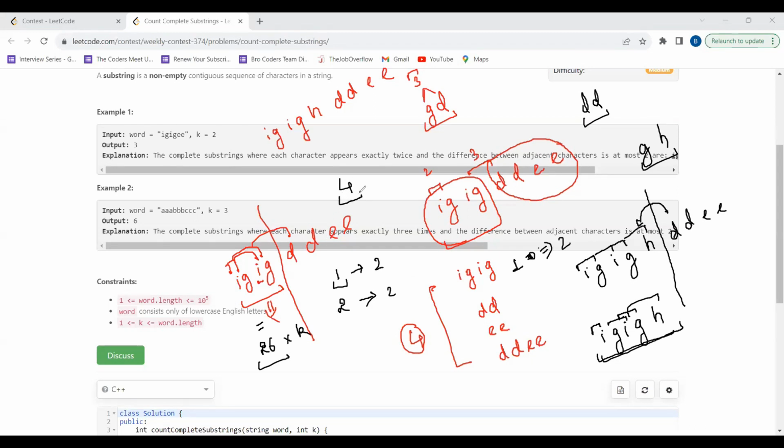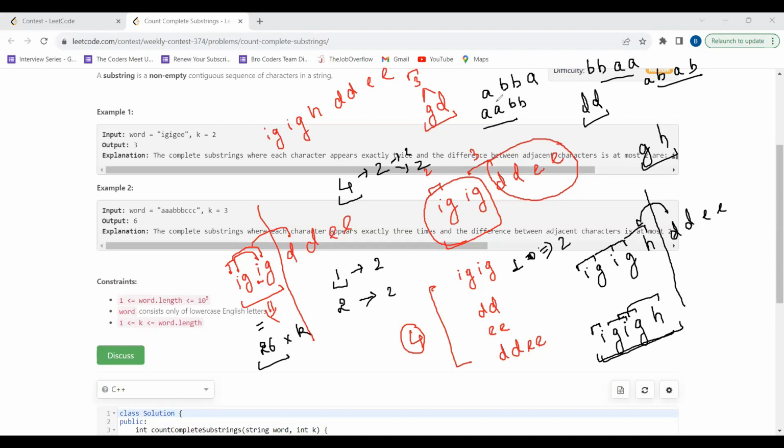I want a 4 letter substring in which we have got two unique characters, and the frequency of both the characters is 2. It can be in any order. It can be A B B A, it can be A A B B, it can be B B A A, it can be A B A B, it can be anything.